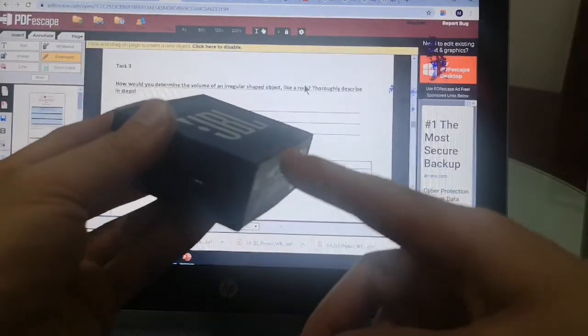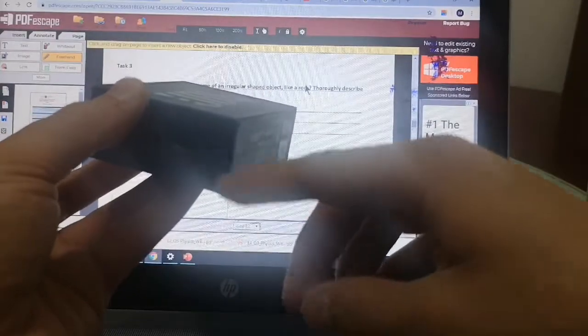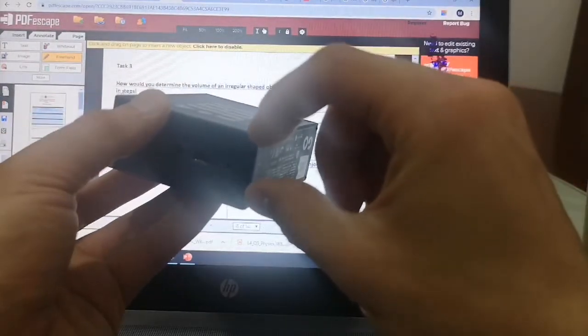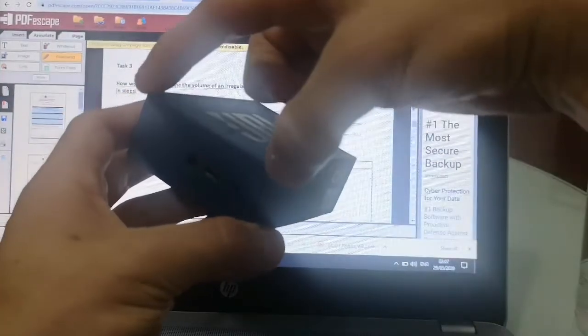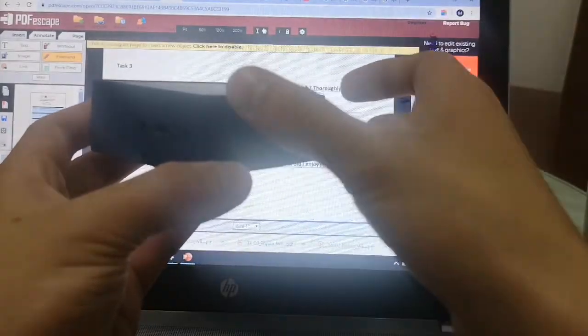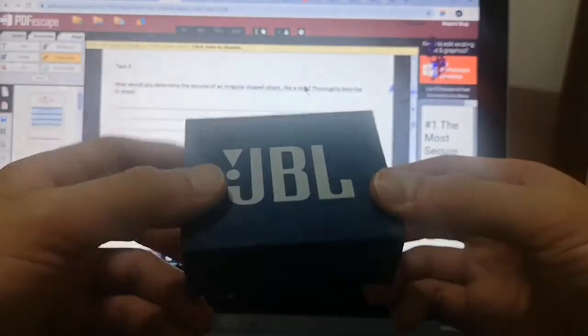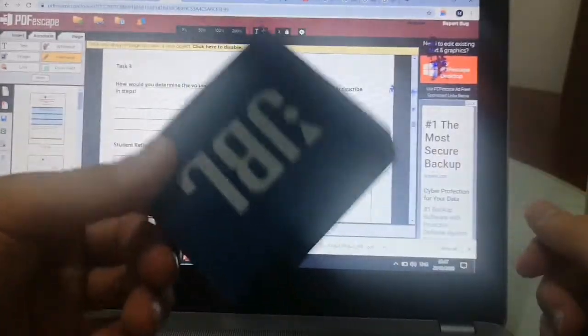This one, and this one, and you multiply them all together. So this length, maybe 3 centimeters, 7 centimeters, 10 cm, and you'll find the volume, the space it takes up. There is a different equation for every shape.